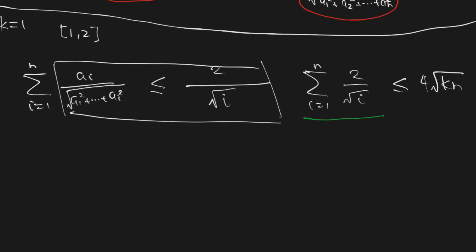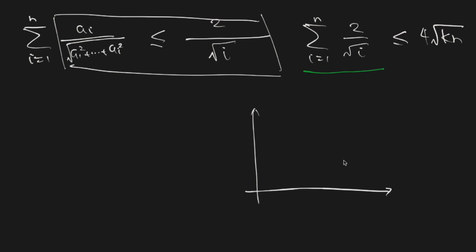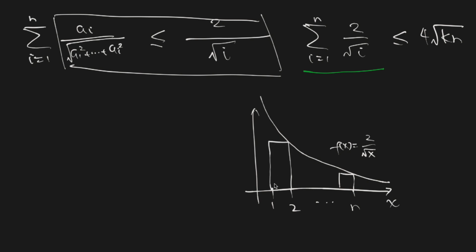What I mean by that is if I were to draw a plane here and let this be x, and draw the function f of x equals 2 over square root of x, it should look something like that. Well, it's obviously decreasing. And if I were to label these 1, 2, I can draw these rectangles.